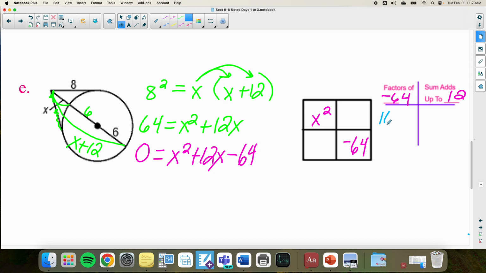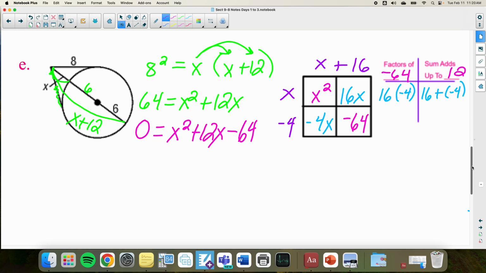So a positive 16 times a negative 4 is negative 64, and 16 plus a negative 4 is a positive 12. So I can go 16x and negative 4x, and then this would be x times x, this would be 16, that would be negative 4.